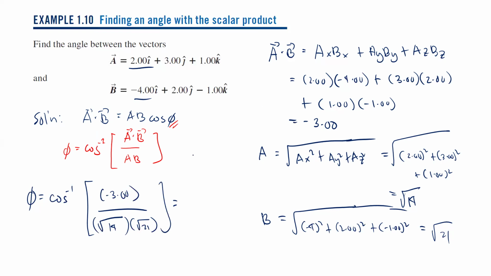So your angle between the two vectors is 100 degrees. If you plot these three-dimensional vectors, you will know that the angle between them is 100 degrees. So this is how you find the scalar product in component form. So that's all for section 1.10, scalar product of two vectors.